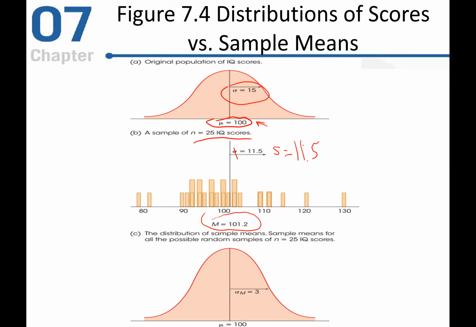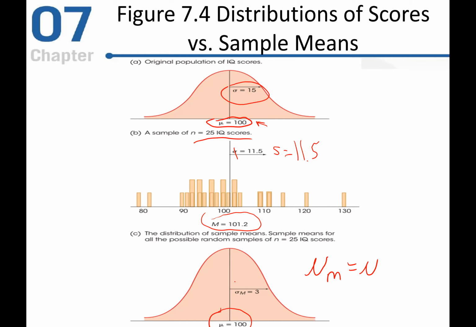And so the distribution of sample means, the sample means for all the possible random samples of 25 IQ scores, well, that's going to give us a mean of 100, because the average of the sample means is equivalent to the population mean. So remember this: the mean of the distribution of sample means is going to be equivalent to the population mean.